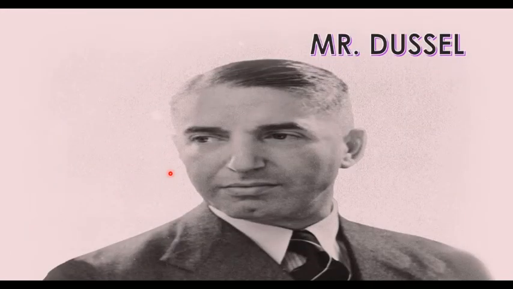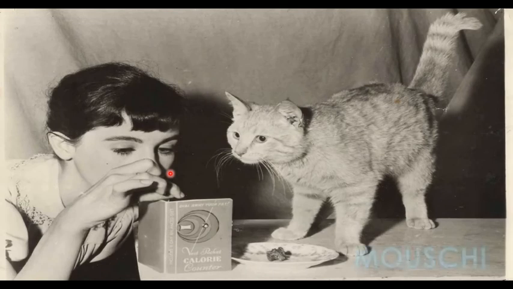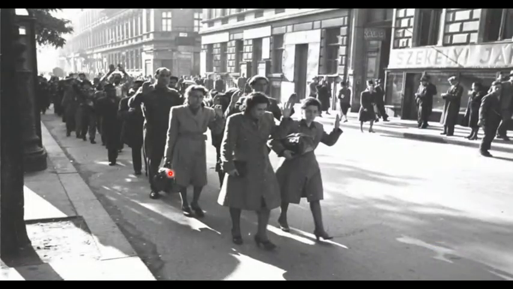A person who came to the house just a few pages after you start the story is Mr. Dussel, who is a dentist, and he is there at the beginning just for a few days, but actually he's there all the time with the families. And finally, we have Mouschi. Mouschi is Peter's cat, and he takes part in this story also.